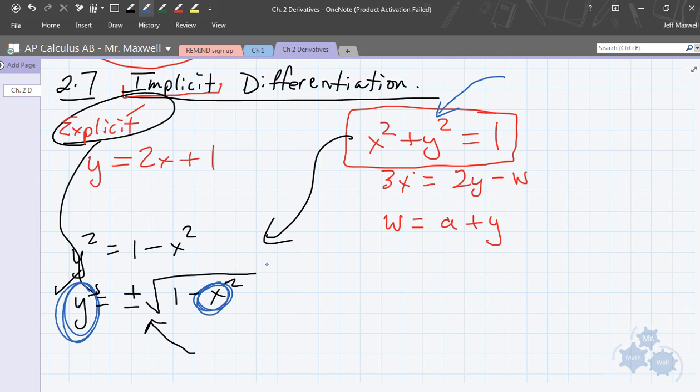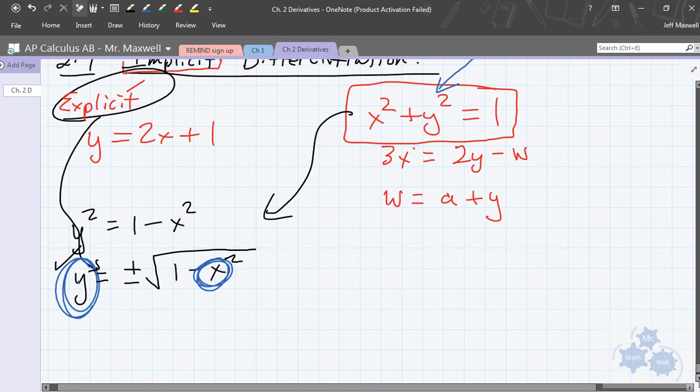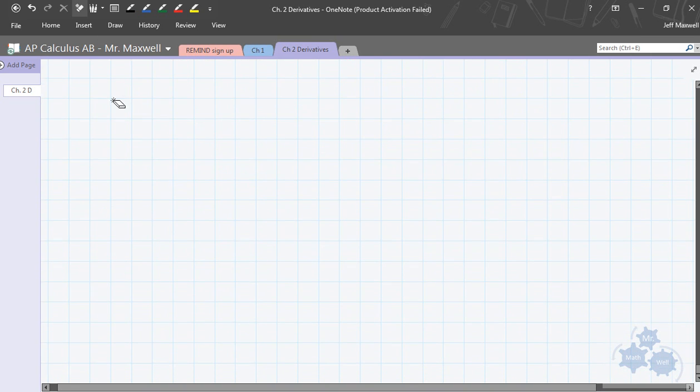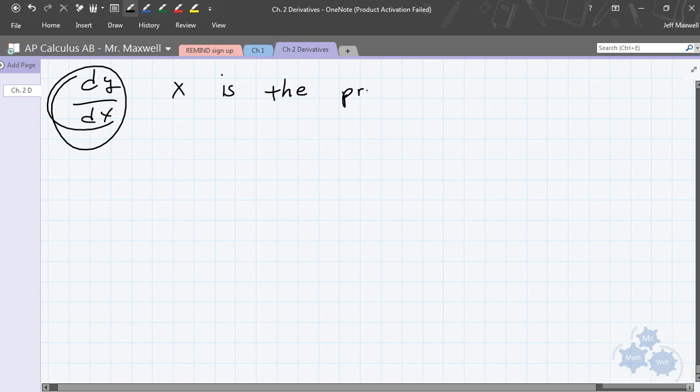Okay? Good so far? Alright. So the first thing we have to remember is that when we differentiate dy with respect to x, this is important. X is what I like to call the preferred variable. So all the rules apply to x. That means, in other words, the derivative of x is 1, right?